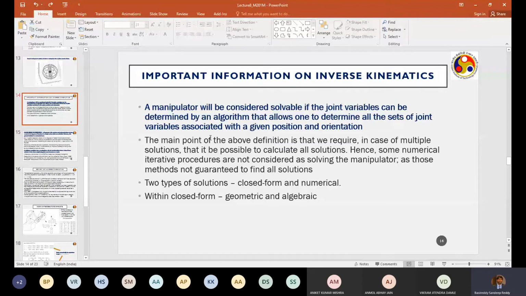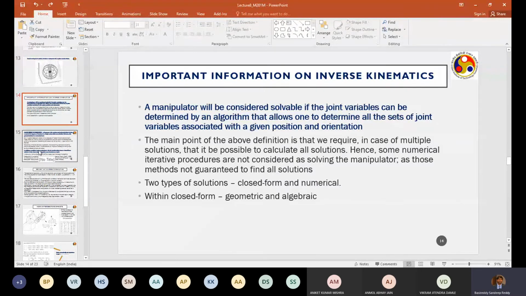Not all numerical methods can solve all nonlinear equations. There are different methods which are more effective in some cases as compared to others. So the definition of solvability is fundamentally for cases where we get some kind of analytical expression, closed form solutions. Now these closed form solutions can be either geometric or in the form of some algebraic expression, but as long as we get either, it is fine.